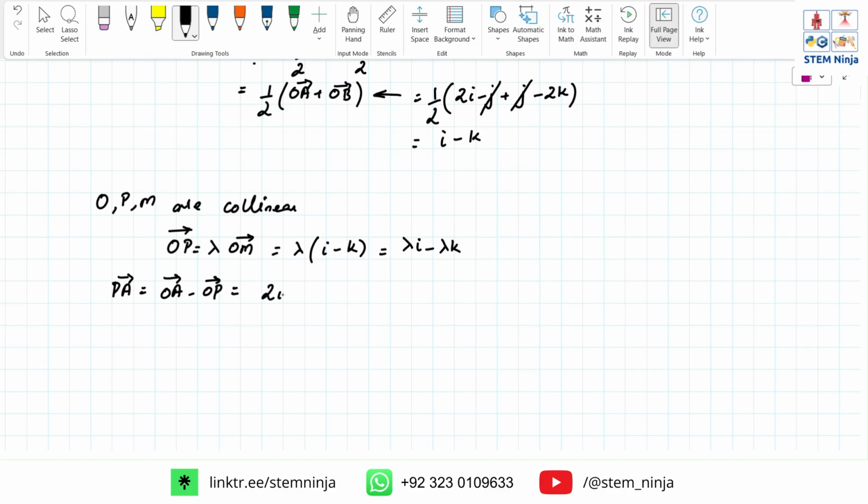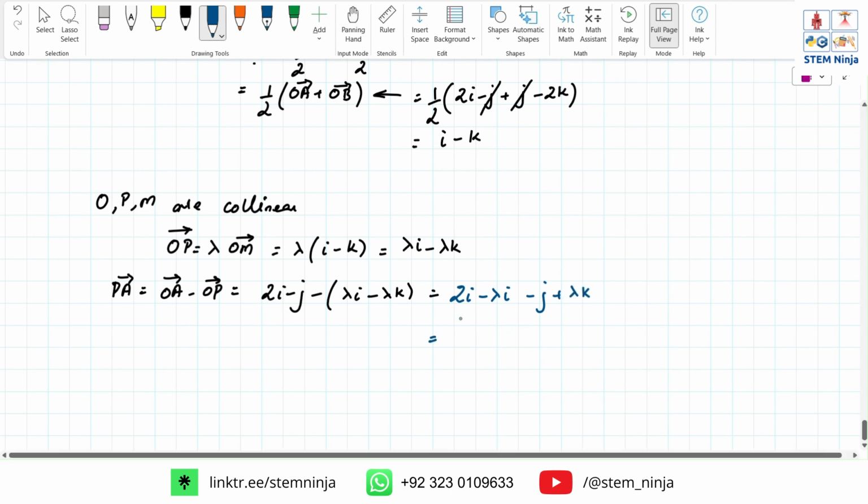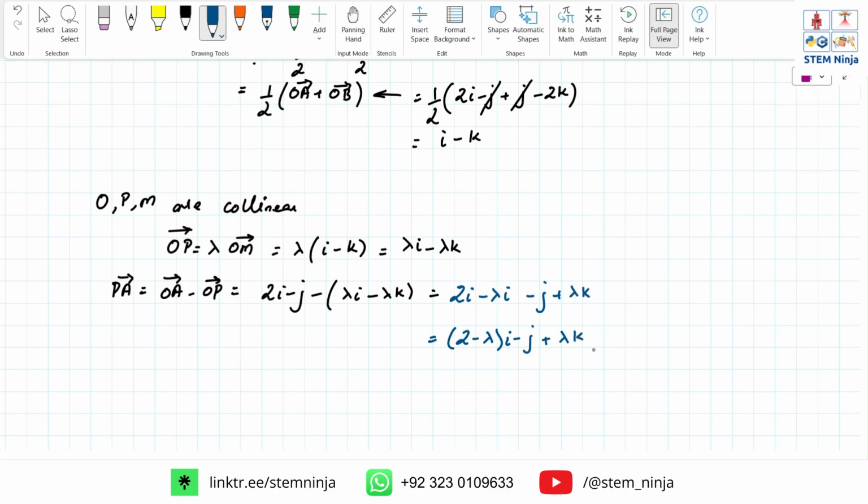OA is 2i minus j, and OP is lambda i minus lambda k, which simplifies to 2i minus lambda i minus j plus lambda k. So the i component is 2 minus lambda, the j component is 1, and the k component is lambda.